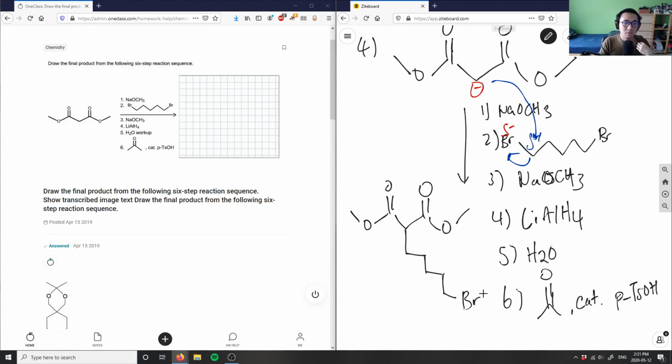Then I'm going to repeat the same process: deprotonate a specific carbon and add something to it. I'm going to deprotonate the same carbon atom again, so one of these hydrogens is removed and I have a negative charge here again.